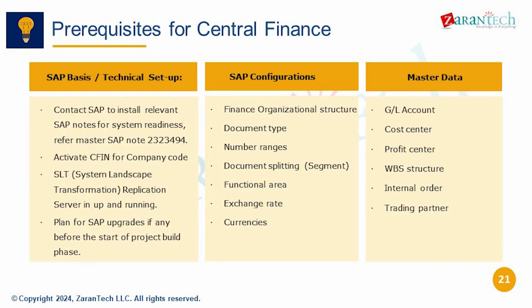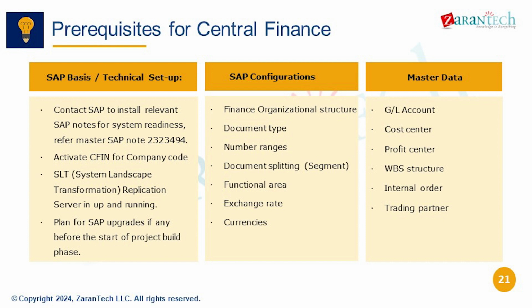There are some important technical and configuration steps needed upfront before central finance implementation. On the IT side, the basis team activates necessary SAP nodes and system settings to enable central finance capabilities. The core SLT, or system landscape transformation, replication server is configured using master guides.